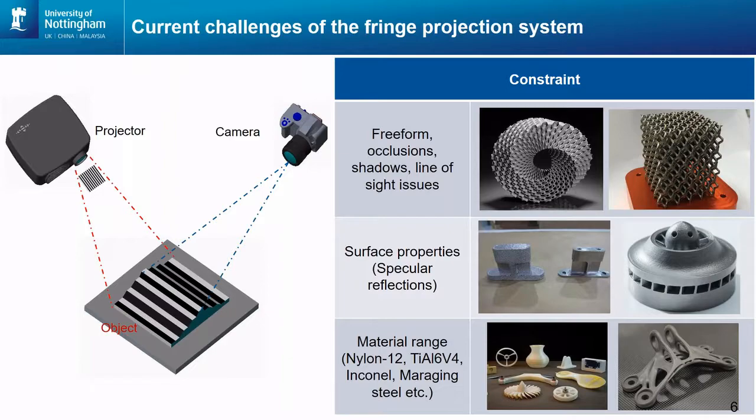Another constraint is the surface properties, because AM surfaces are manufactured by layer processes and are not optically smooth. Material range is another constraint, because different materials have different reflection and absorption coefficients.